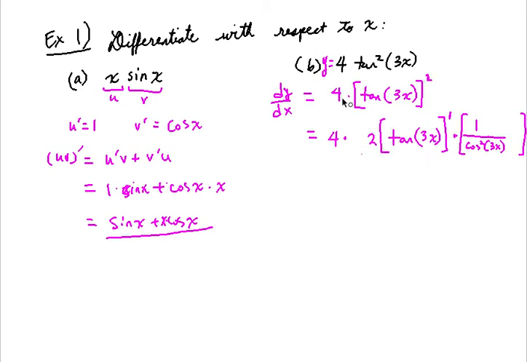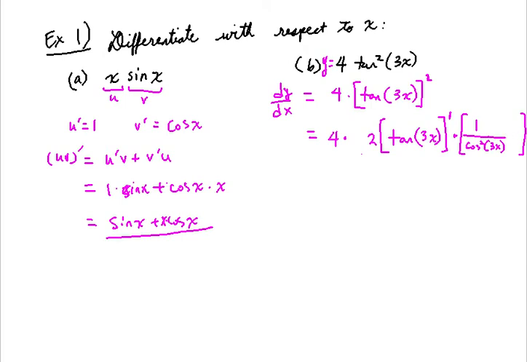Okay, so this 2 comes in front, then I leave this inside part the same, raise that to the power of 1, because that's 2 minus 1, and then I take the derivative of the inside, which would be 1 over the cosine squared of 3x, but I'm not done, because to find the actual derivative of this, this also has to have the chain rule applied to it.